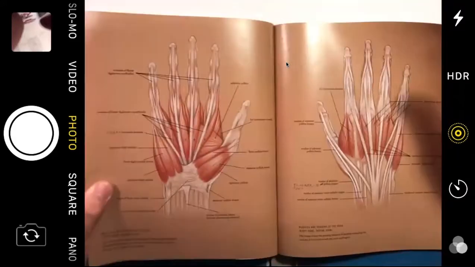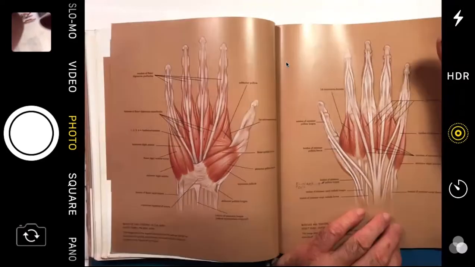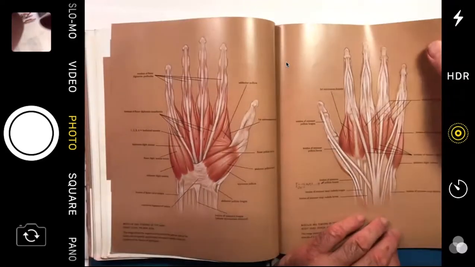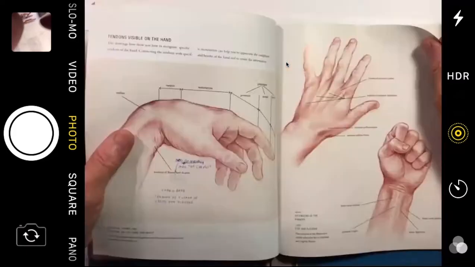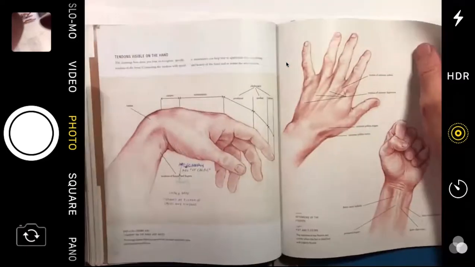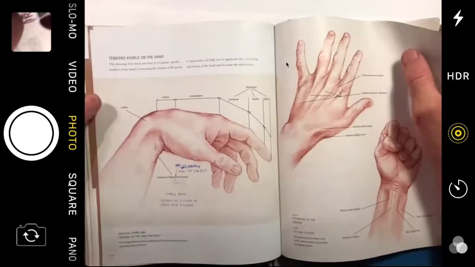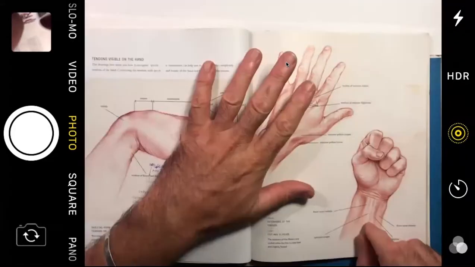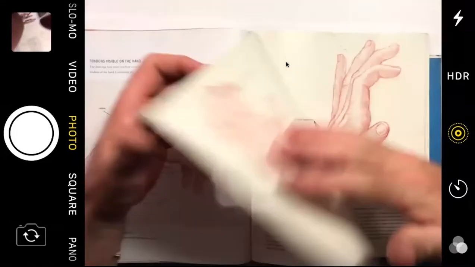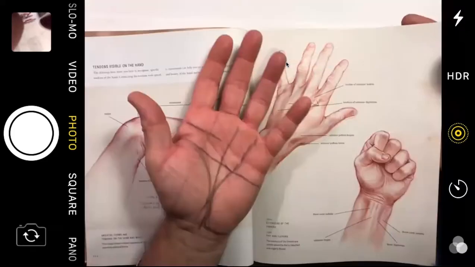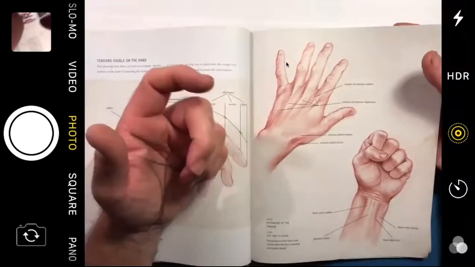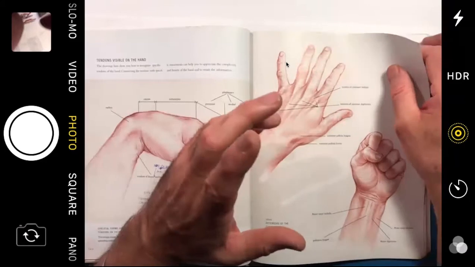The muscle, I wouldn't worry about the muscle now because it's maybe too much, right? But what you have to do, I would like you to copy the hand this way, just like that, right? And then I don't have the palmar view, and then this way.